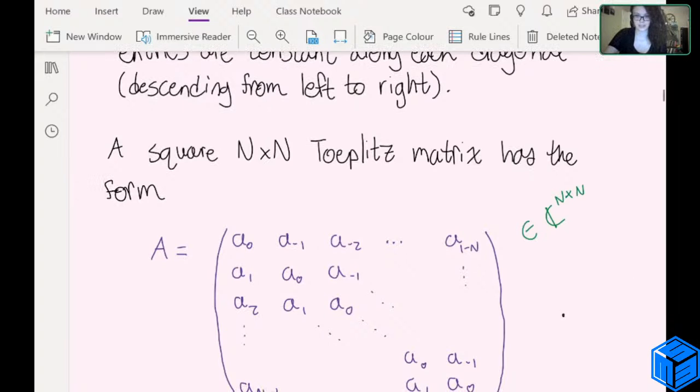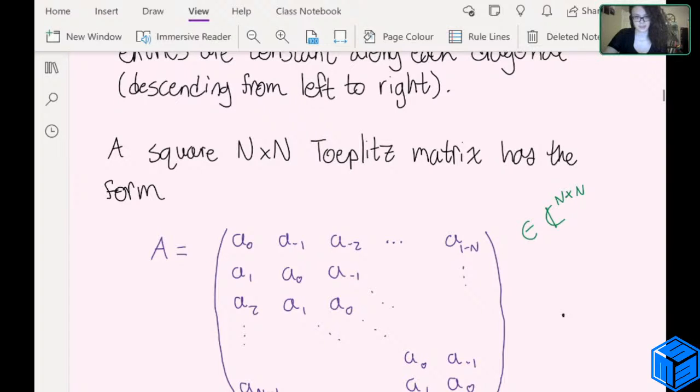So let's note that the elements can be complex valued. And so we see in the diagonal, we've got A0, it's constant. And then in the subdiagonal, we have A1. Below that, A2. And then all the way down, we've got A(n-1) in the bottom left.